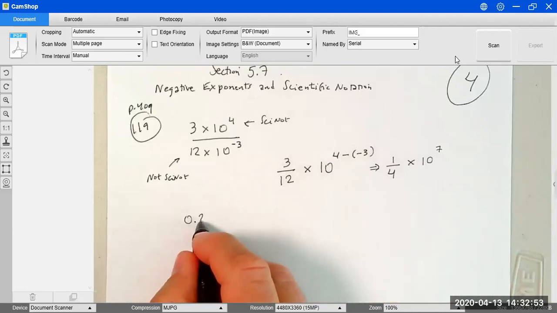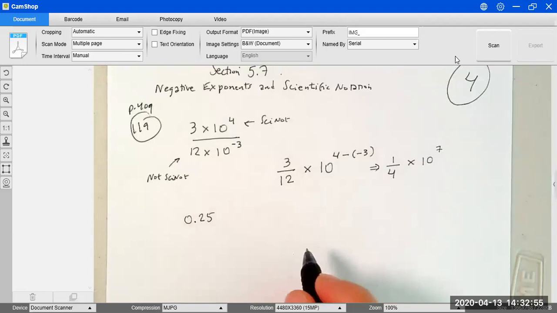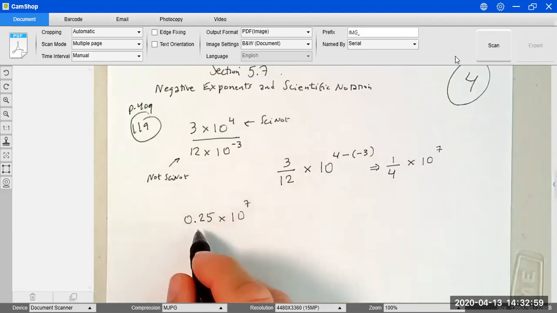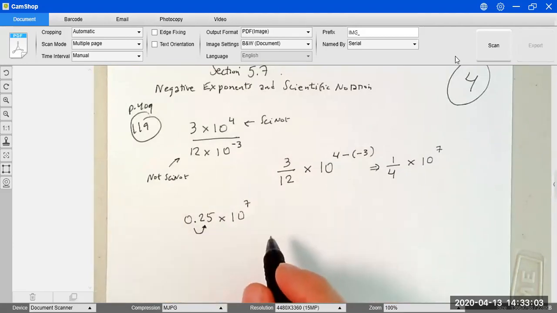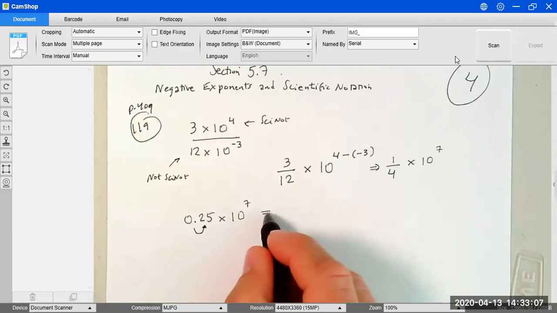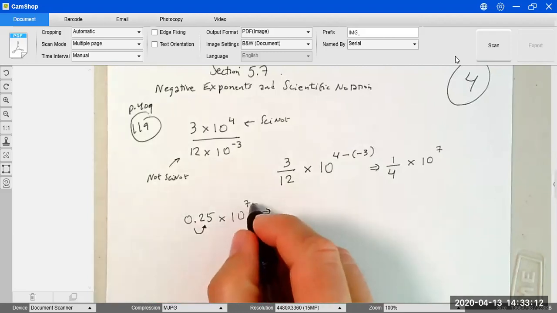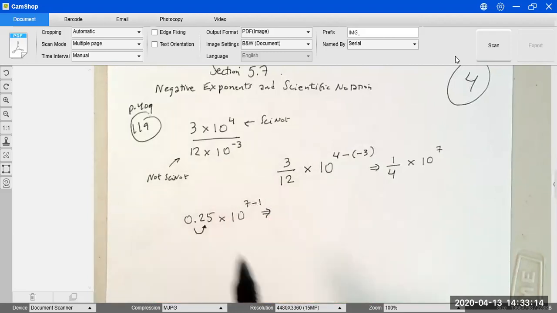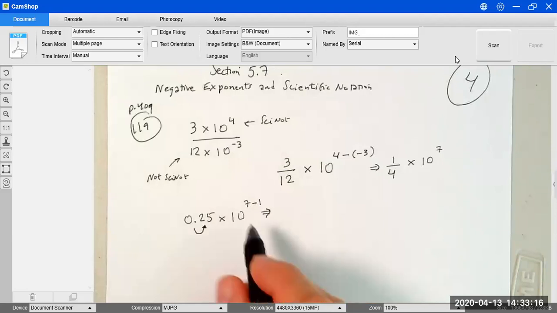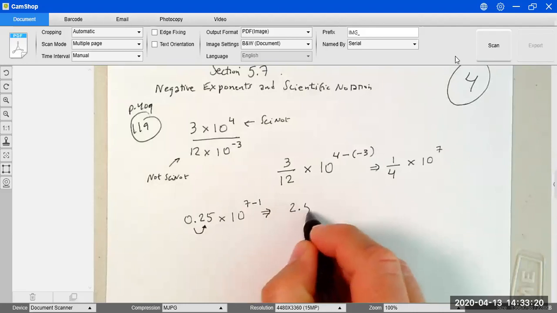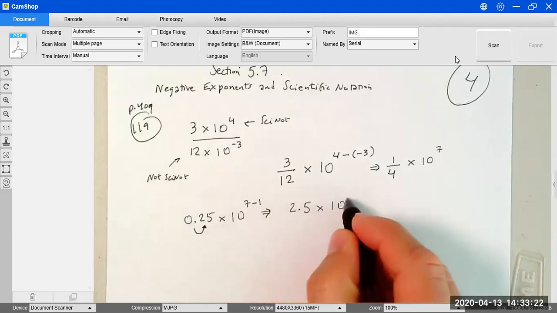So it's going to be 0.25 times 10 to the 7. So I need to move this decimal point to this location to get a number written in scientific notation. So if I do that, I'm going to subtract 1 from the exponent in the power of 10. So I'm going to get 2.5 times 10 to the 6.